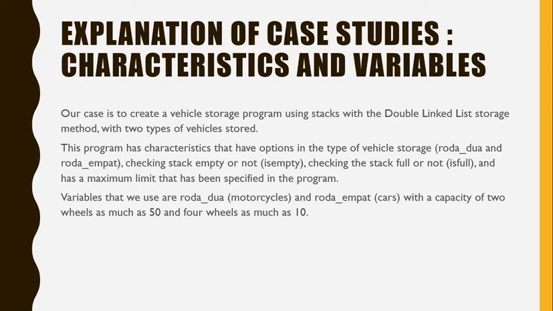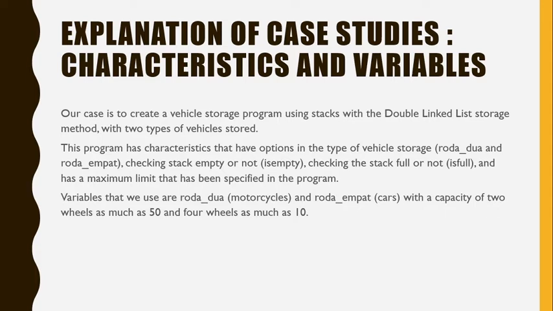This program has characteristics such as options for the type of vehicle, roda 2 and roda 4, checking whether the stack is empty or not, checking whether the stack is full or not, and a maximum limit specified in the program.